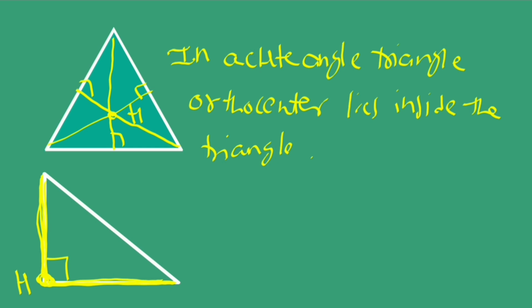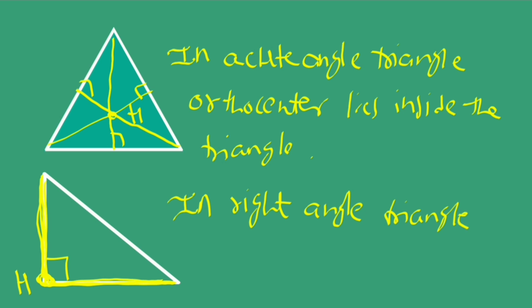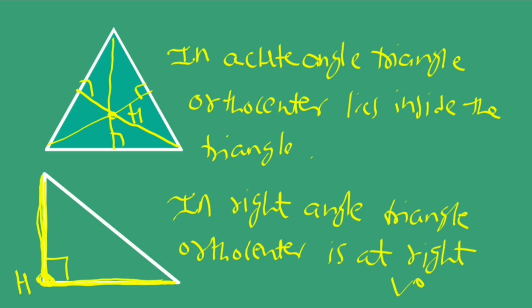Orthocenter H. Now in a right angle triangle, the orthocenter is at the right vertex. Remember this point also. Okay.